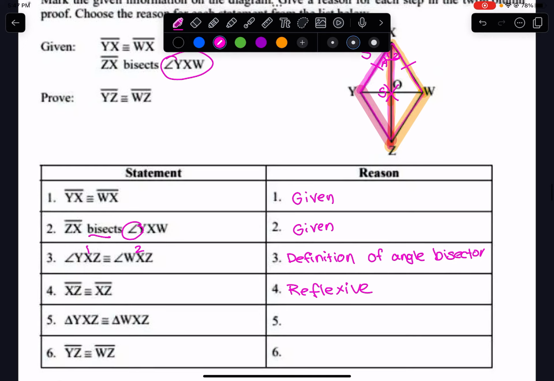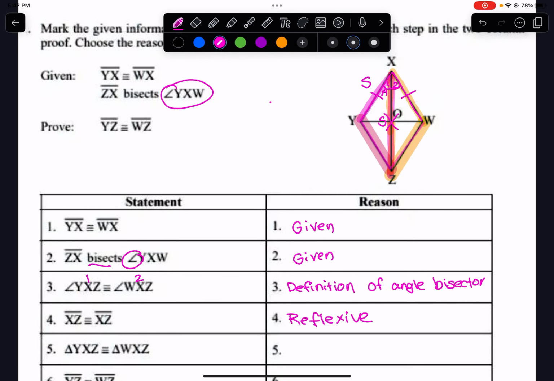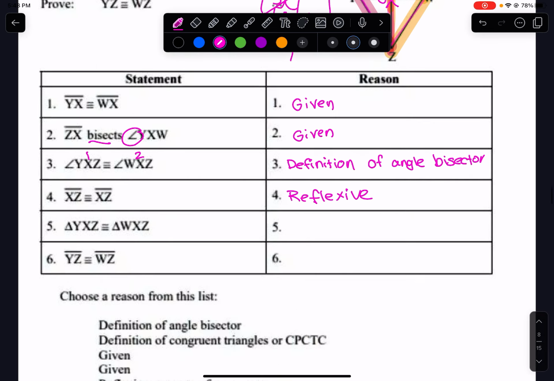We already know that there's a side, an angle, and a side. And if we look, the side and the sides are on either side of the angle, right? Think Pac-Man. So side angle side is congruent to side angle side. And now your final statement, CPCTC.